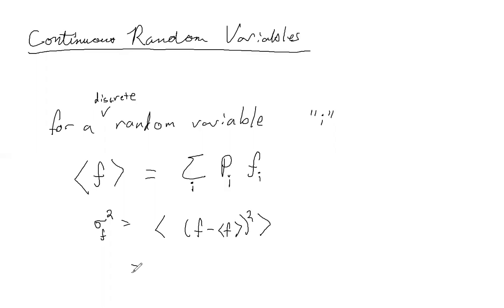Writing it out, it would be the sum over i of Pi times Fi minus the average value of F, which is just a constant, squared. This is how we calculated expectation values or average values and standard deviations in the last couple of videos. All we're going to do is generalize this slightly and extend these definitions to cover continuous variables.